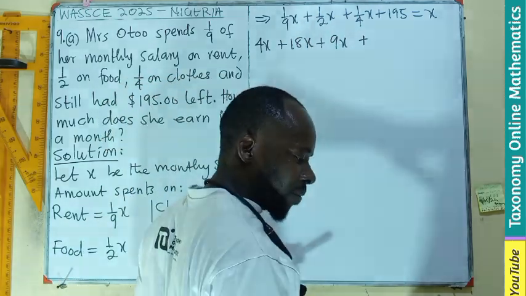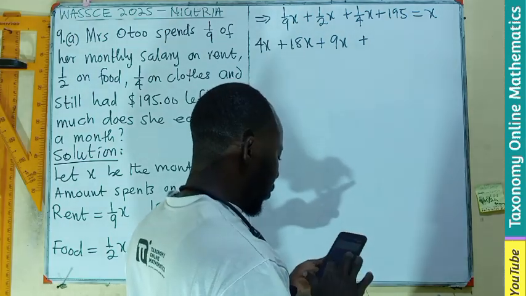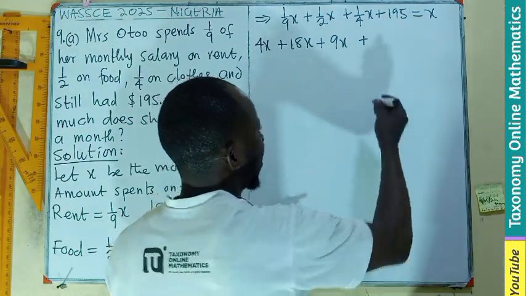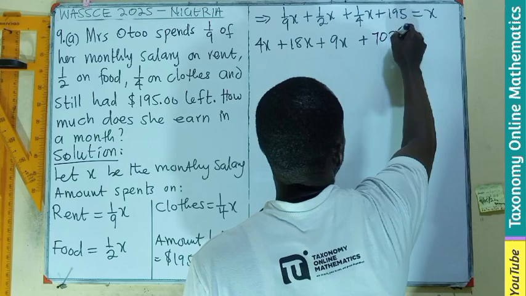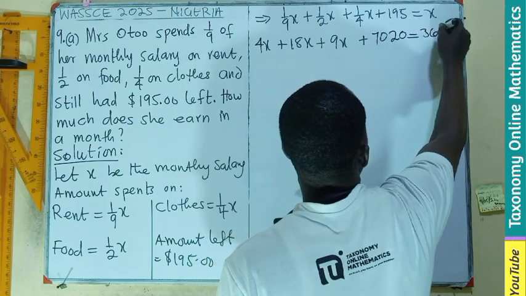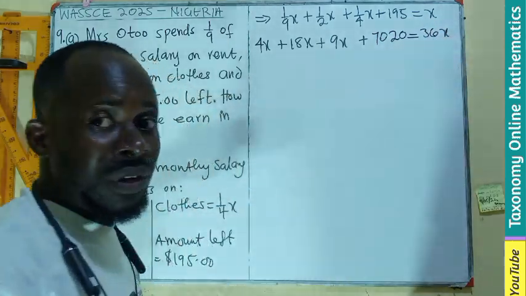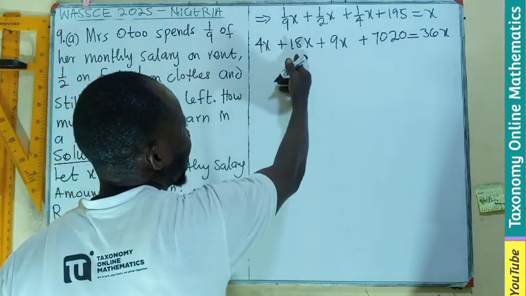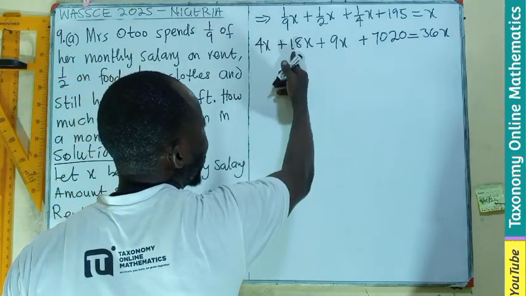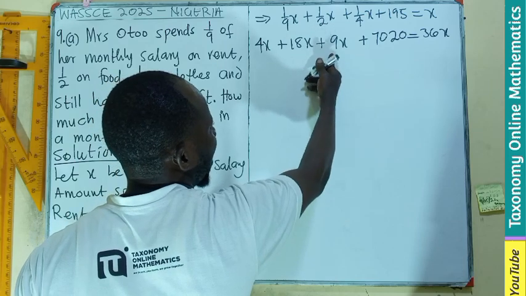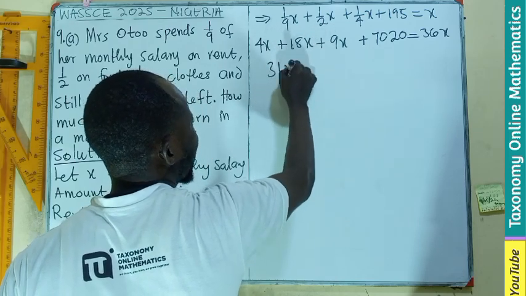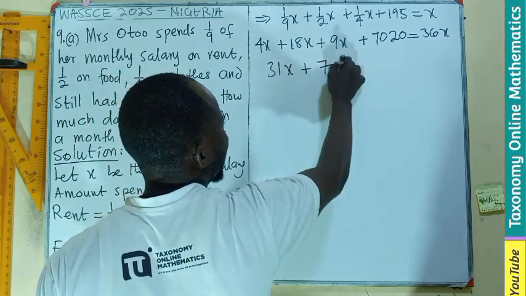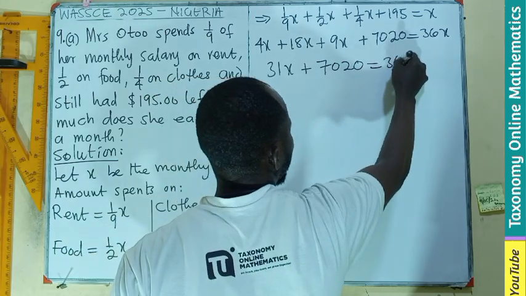Then 36 times 195 will give you 7020 equals 36 times X, using the LCM to be 36. And if we add, this is going to be 4, 18, 9, that is 31. So we have 31x plus 7020 equals 36x.